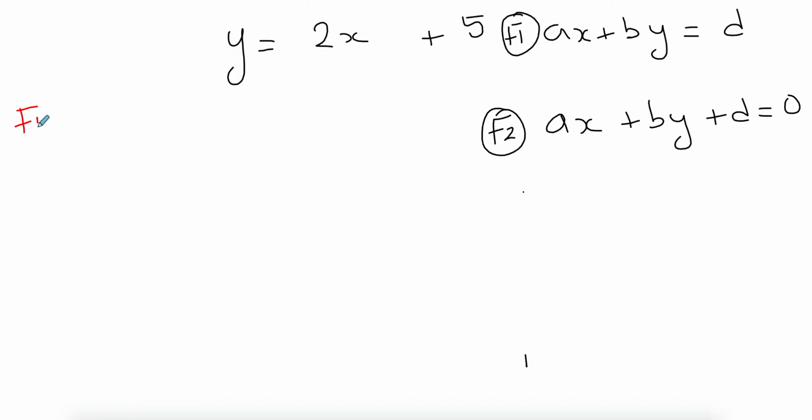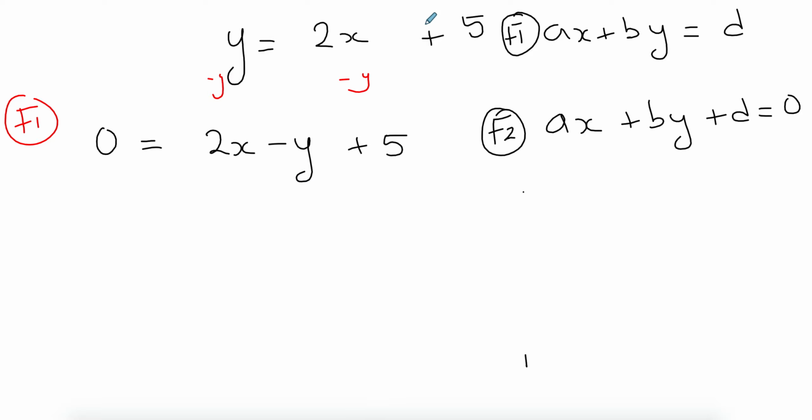So for the first form, it just wants the x and y's on the same side. Usually we like to keep the x's positive, so it's better to just deal with the y. If I subtract y from both sides, I end up canceling y. On the left-hand side, I'm going to get 0 equals 2x minus y plus 5.